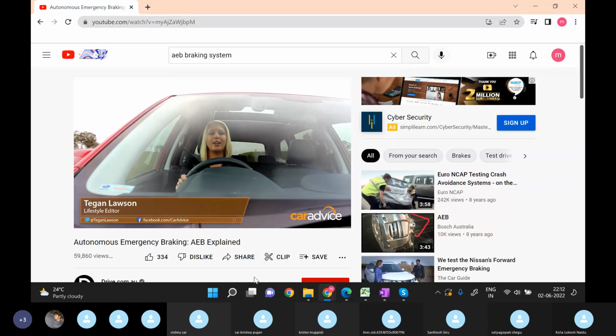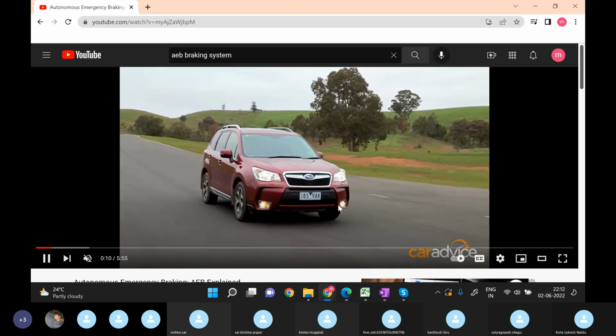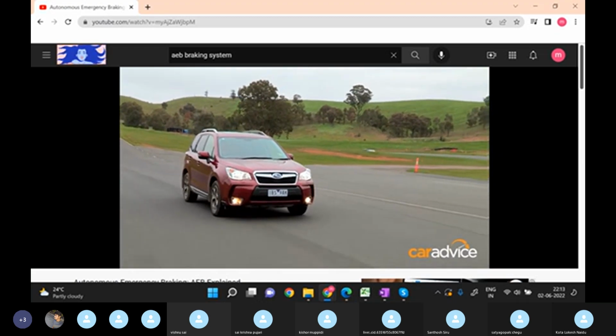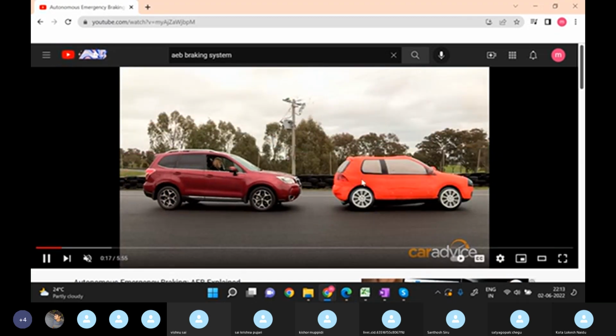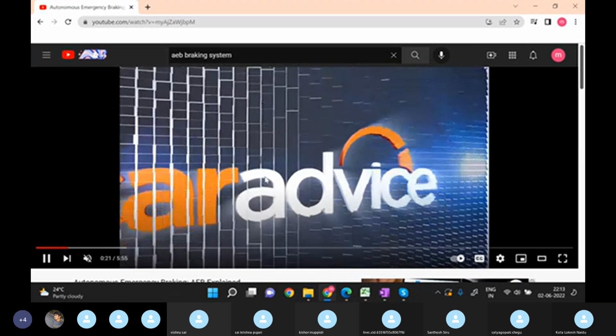She's just trying and showcasing what is happening. She's just traveling. There is a vehicle stopped here. Automatically the brake is applied and then it got stopped.